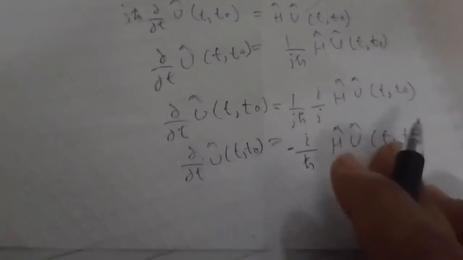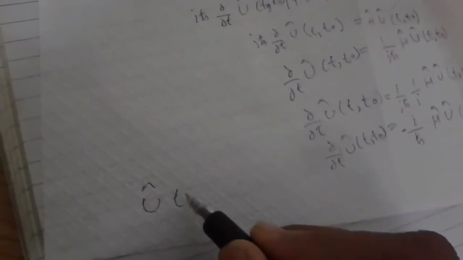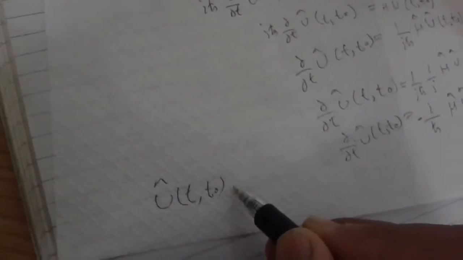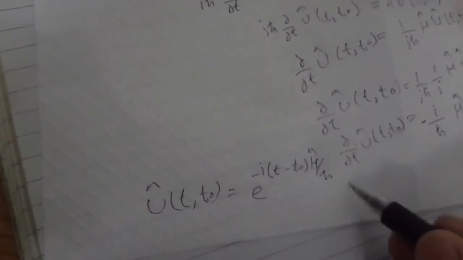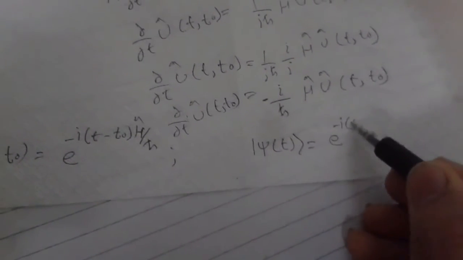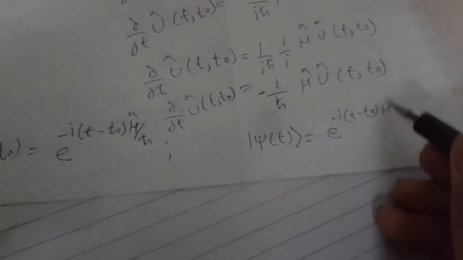Now this equation is a first order differential equation, and if we want to find the solution of this equation, then the unitary operator U of t and t naught will be equal to e power minus i (t minus t naught) times the Hamiltonian over h cut, and the final state of the system psi of t will be equal to e power minus i (t minus t naught) H over h cut into the initial state of this system.